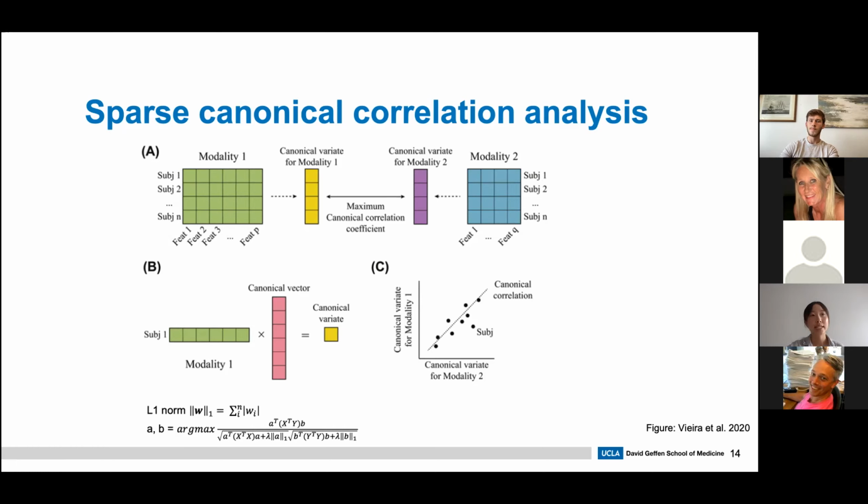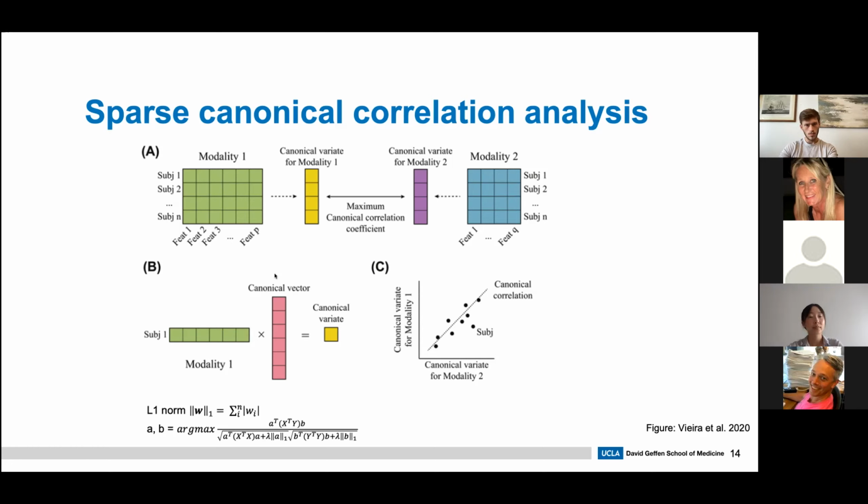So CCA is able to capture the mutual information between the 2 modalities, so that we can have a uniform, homogeneous and comprehensive representation of the 2 modalities.